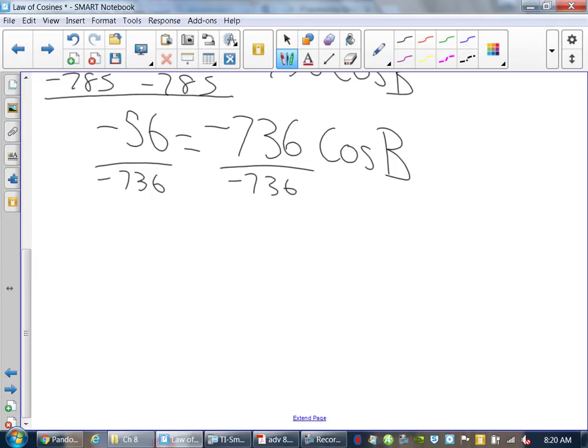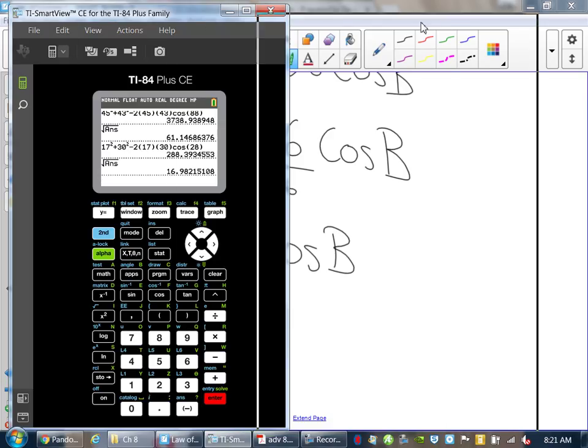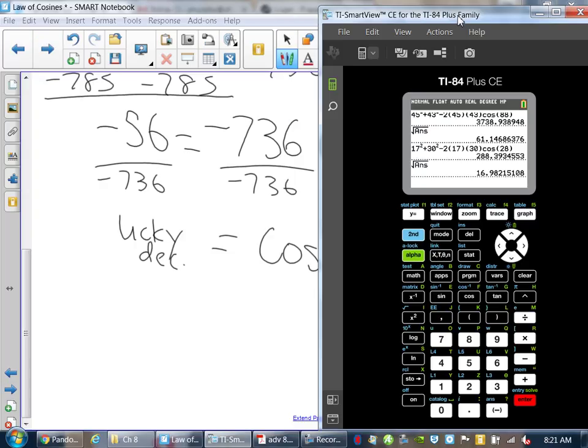What do you get when you divide these out? You get a decimal, right? That decimal equals the cosine of b. So in your calculator, what you have is negative 56 divided by negative 736.